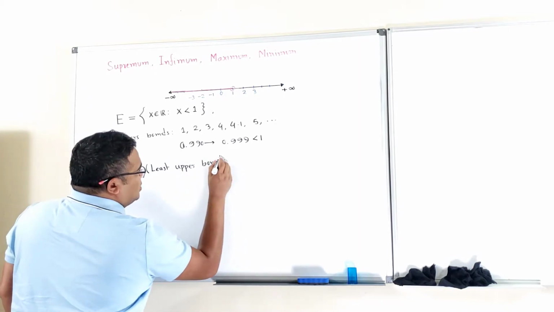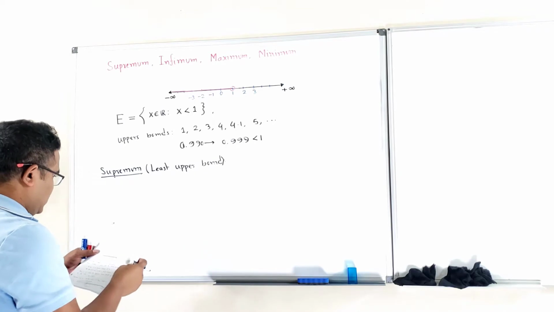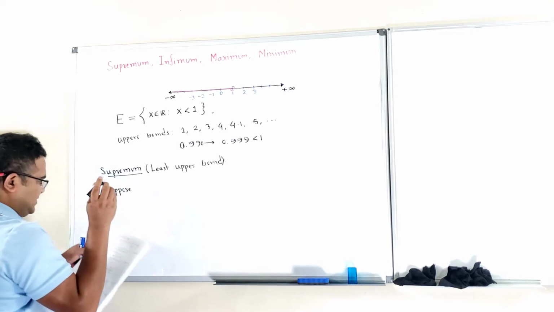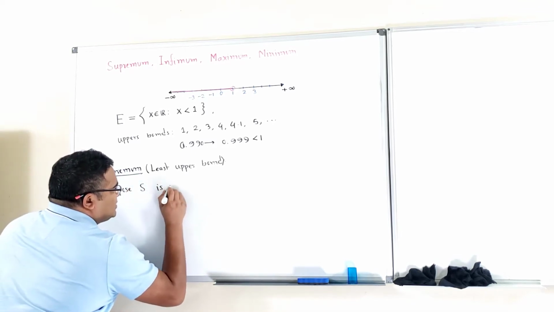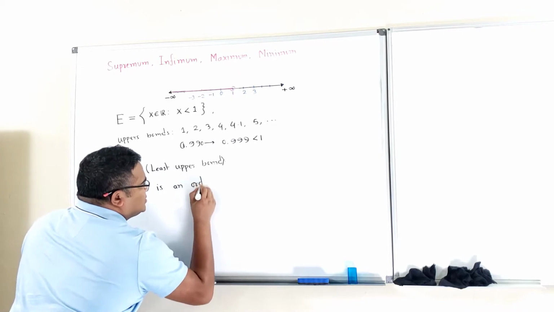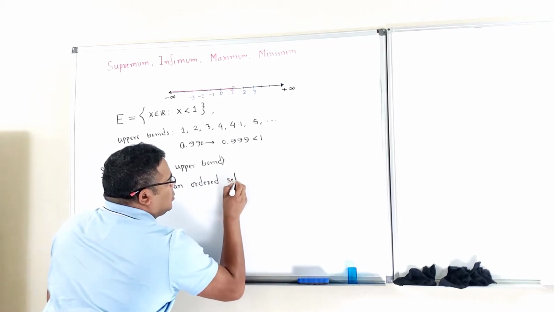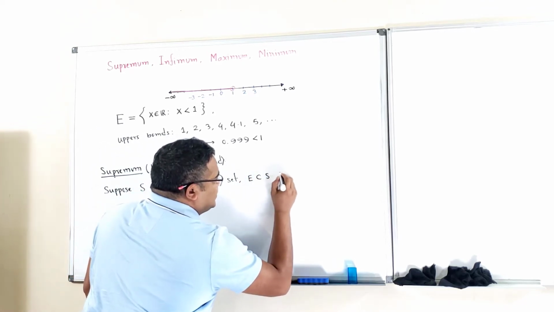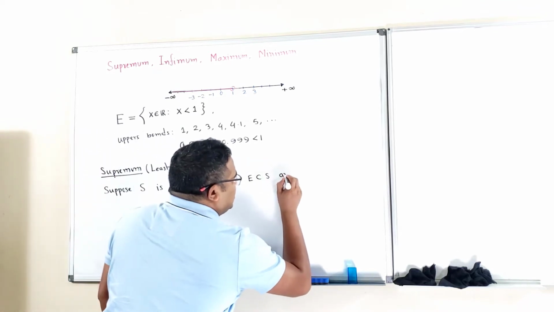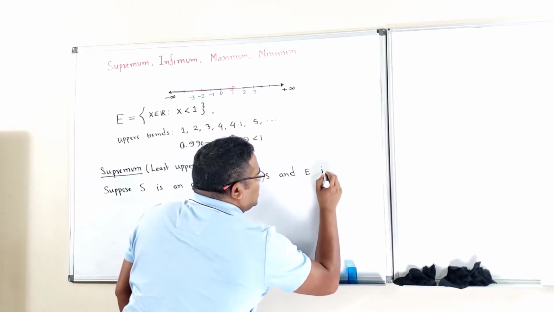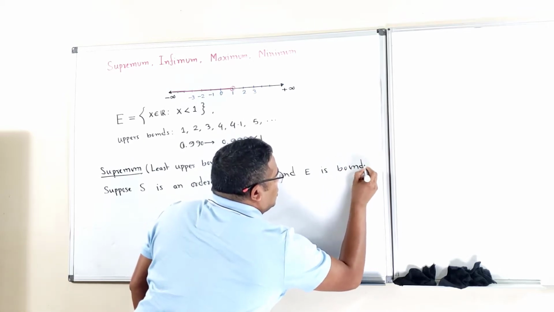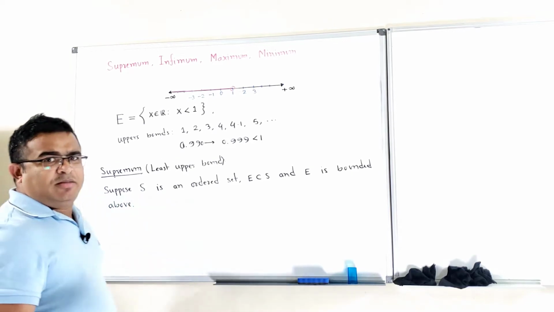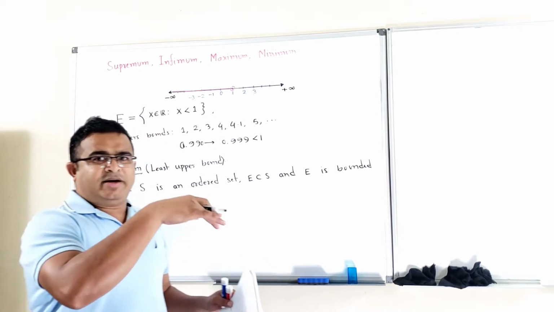Suppose S is an ordered set and E is a subset of S and E is bounded above, because if it is not bounded above, then we will not have any upper bound.